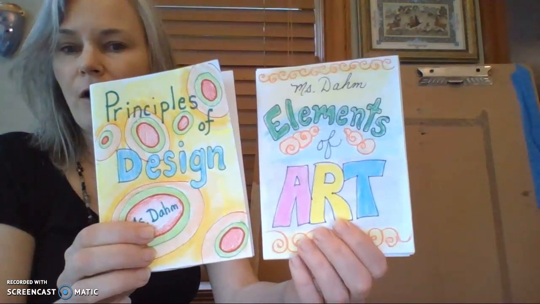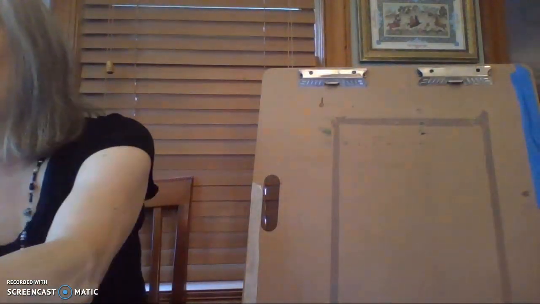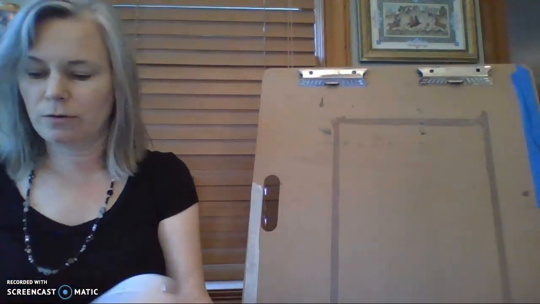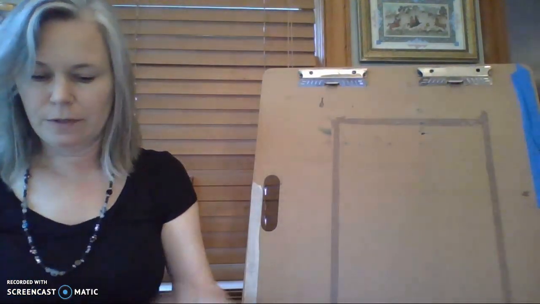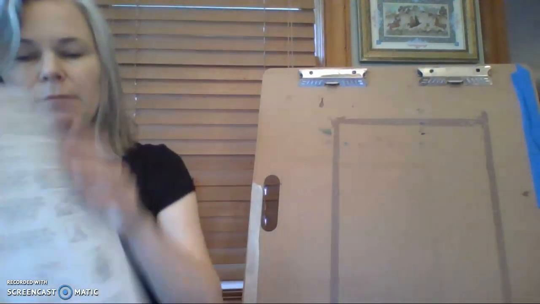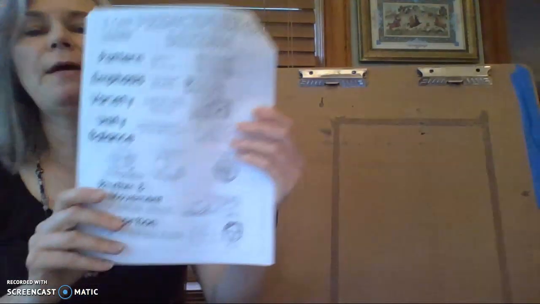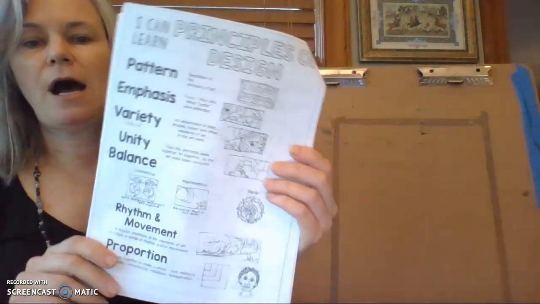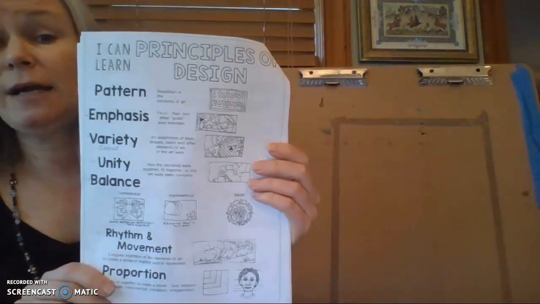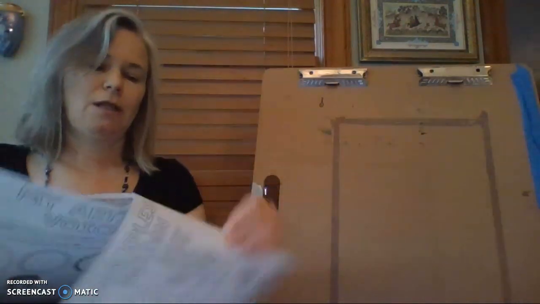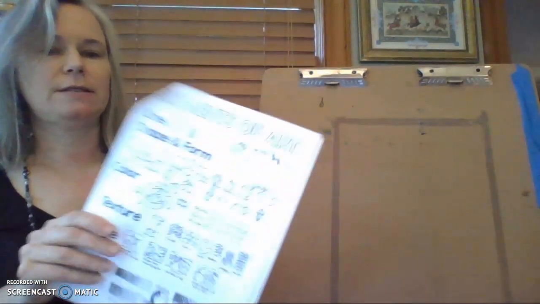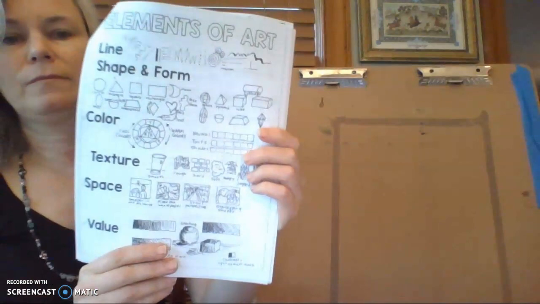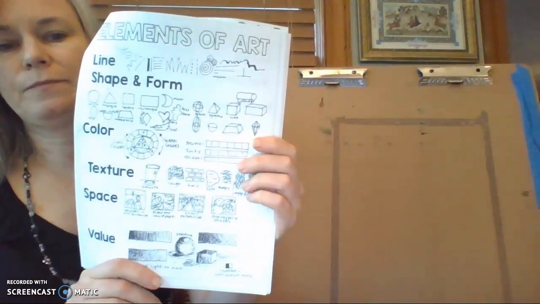So I want to talk about the words. The words that go in there can be found in your book. So if you look in the book, there's one page that says, I can learn principles of design. And there is another page that says elements of art.